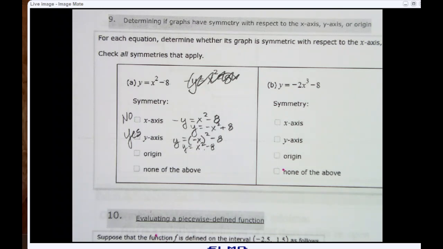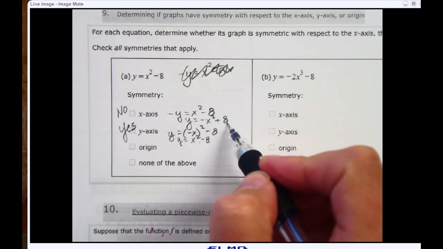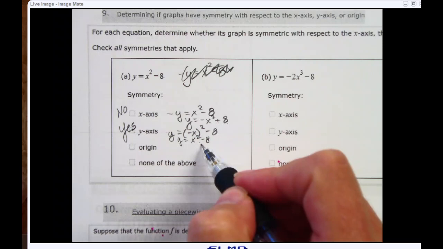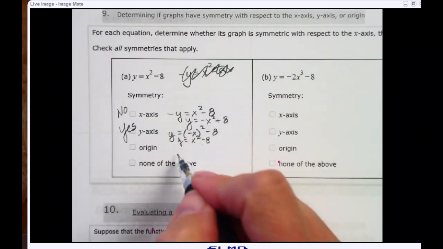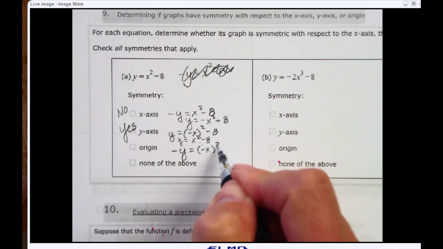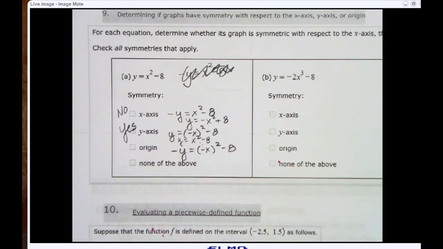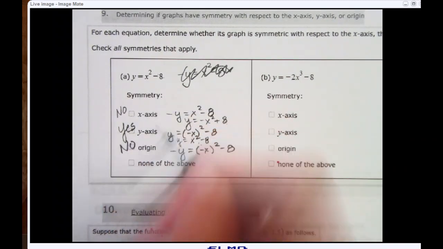I'm just confused how we got negative to positive. Oh, because it's in parentheses. Yep, we're squaring that negative. Okay. All right. Origin, I replace a negative y and a negative x. What do you guys know without me simplifying this any further? They're not going to match, so that's why this one is a no.